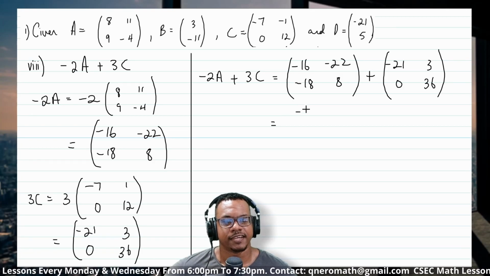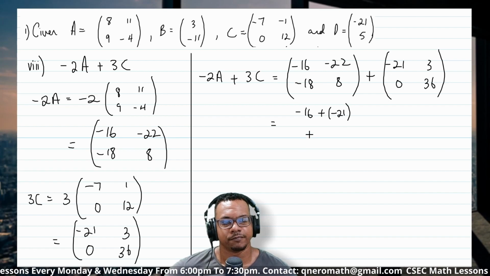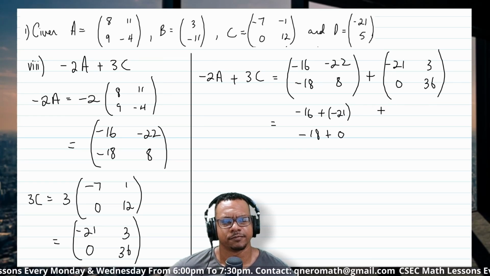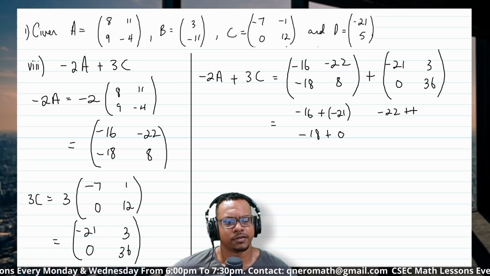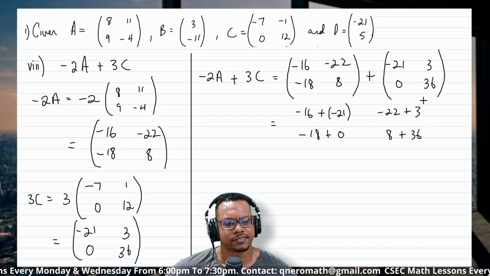So we have negative 16 plus negative 21, negative 18 plus 0, negative 22 plus 3, and 8 plus 36.